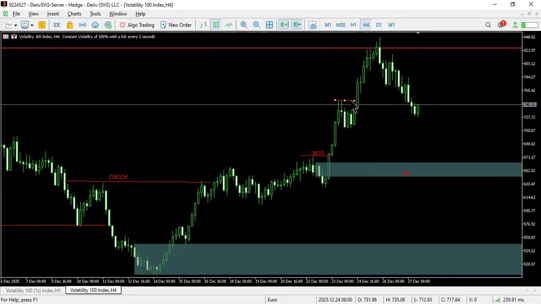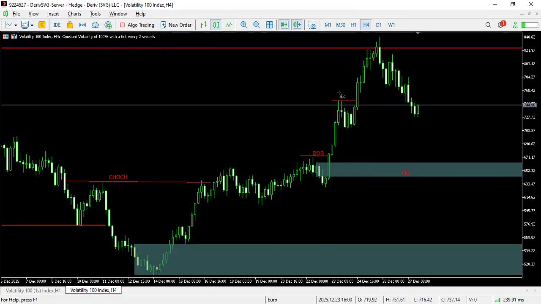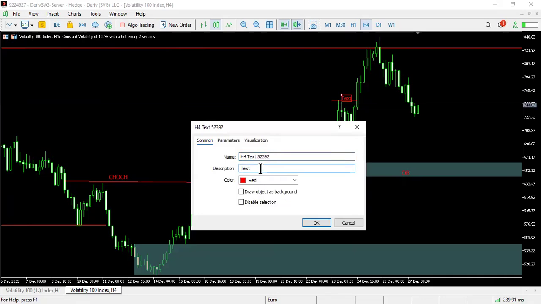And then price also created another break of structure up here. Now I'm seeing we are having 2 points of interest. So we have a break of structure there.